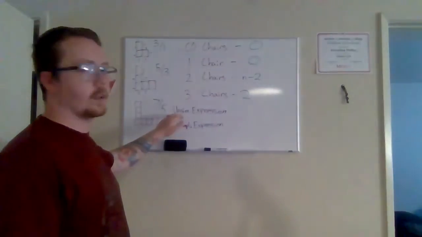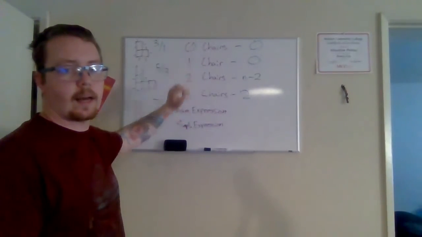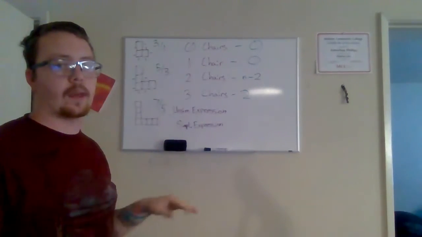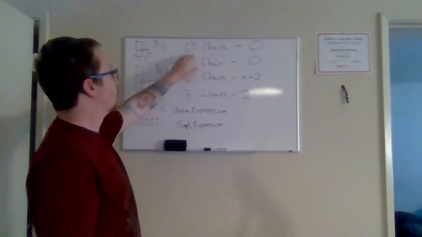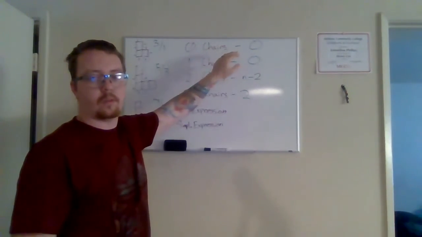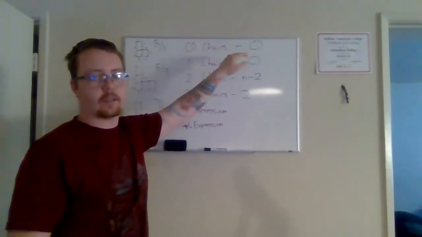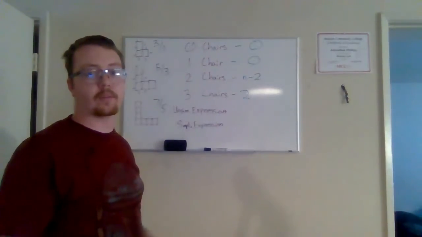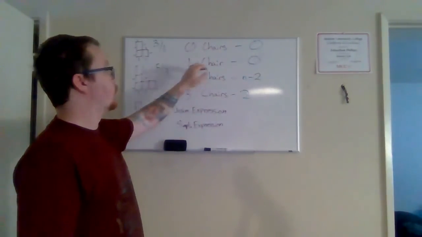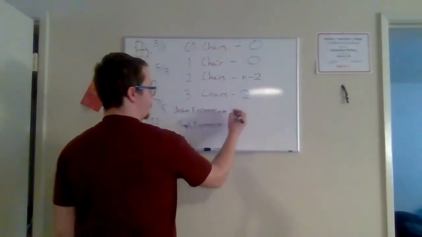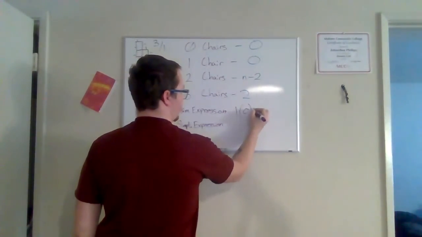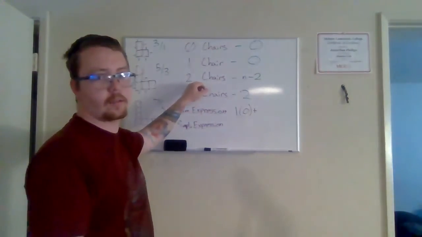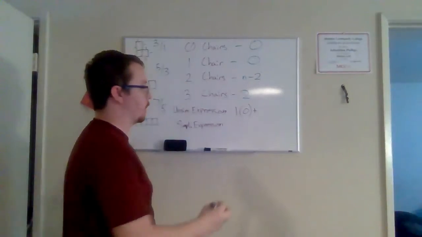Okay, so for our unsimplified expression, we're just going to take this data and plug it into an expression without combining like terms or factoring or any of that. So there are always 0 chairs at 0 tables. So 0 times 0 is 0. We don't have to worry about it. 1 chair times 0 tables, which is going to look like this: 1 times 0, plus 2 chairs at n minus 2 tables.